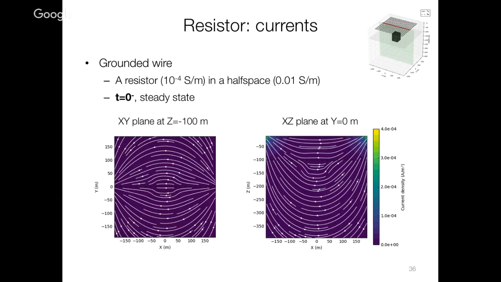What happens if I put a resistor in? So we're kind of revisiting the same questions, but in just a slightly different wrinkle each time. Now I put a resistor in. So first of all, you see that on DC, the currents are kind of going around the resistor.